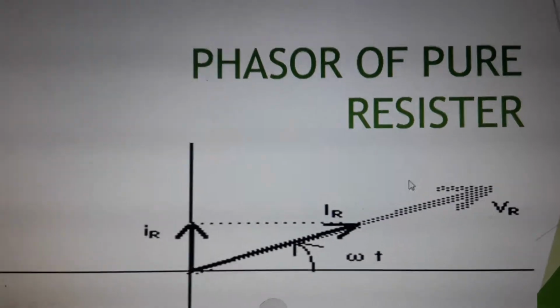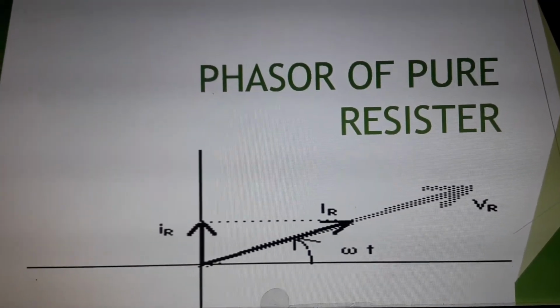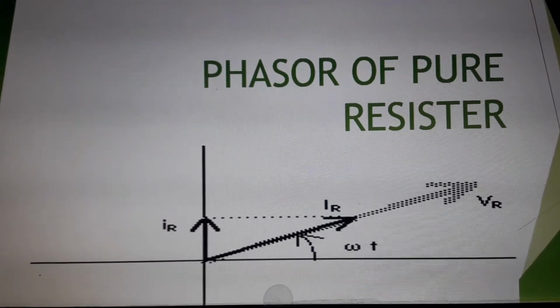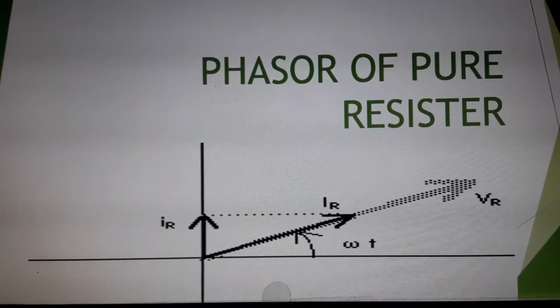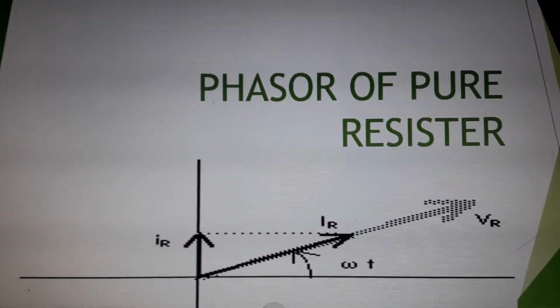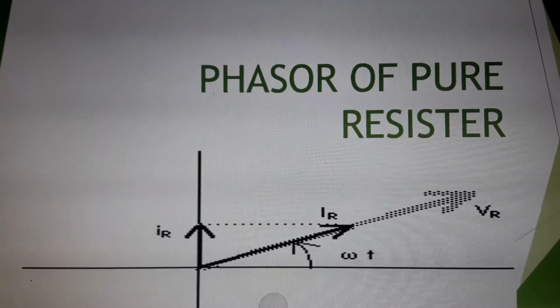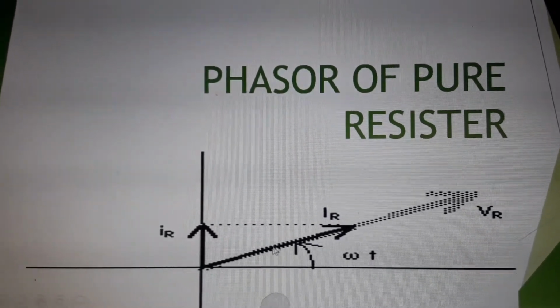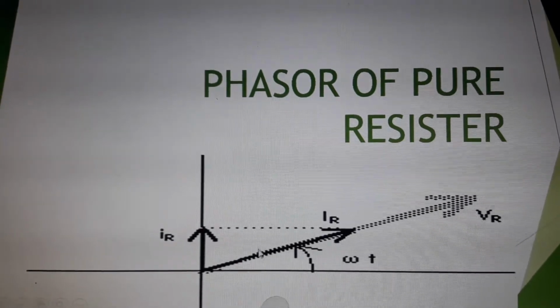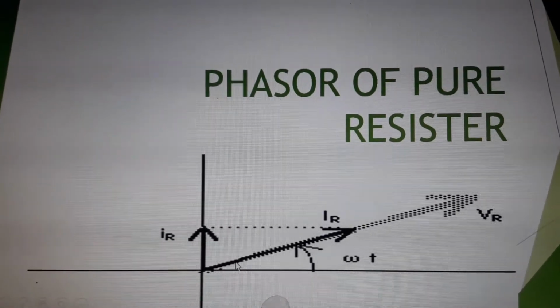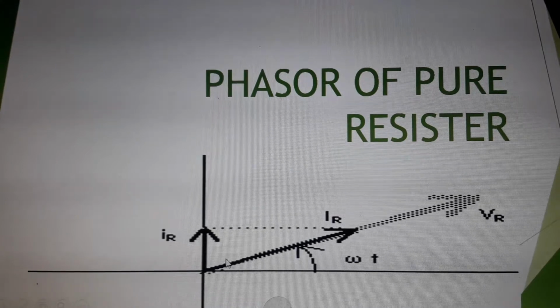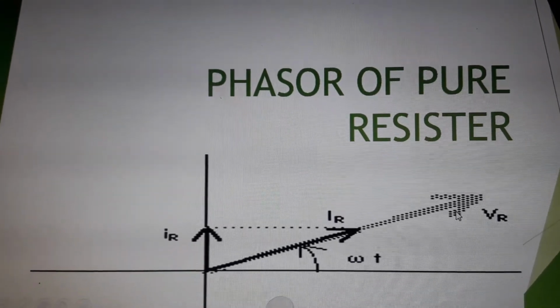So we have already discussed resistors. In the case of a resistor, the applied voltage is V equal to Vm sin omega t, and the current is I equal to Im sin omega t. So there is no angle, no phase difference between them. If we draw the phasor diagram, the deep black line represents the current phasor, and the dotted line represents the voltage phasor.